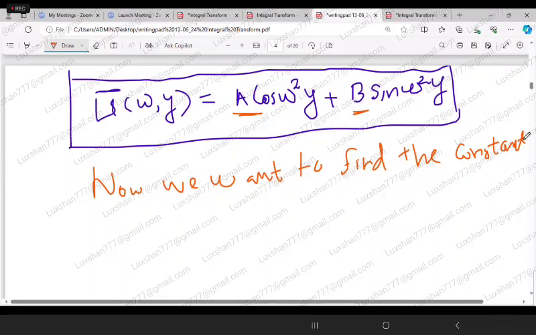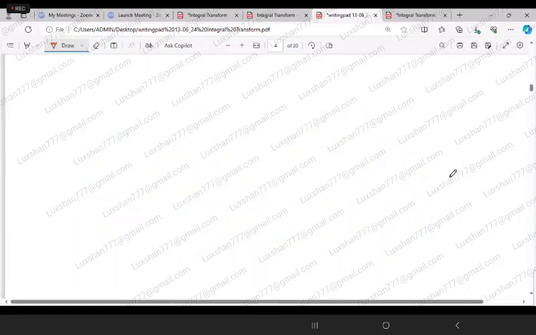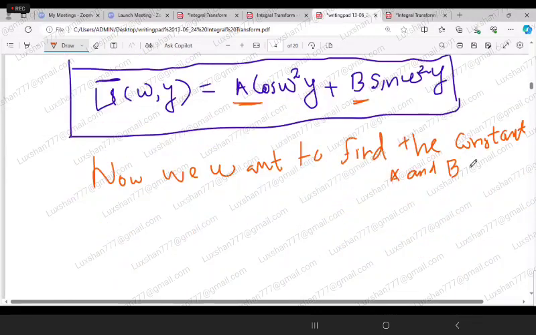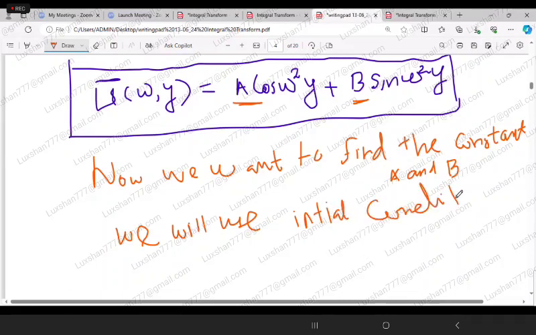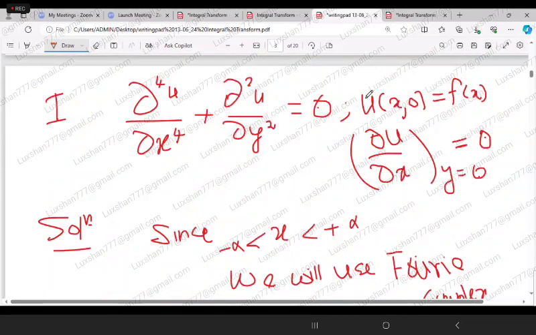To find these constants, we will use the initial conditions. The initial conditions are already given here. Look at here.